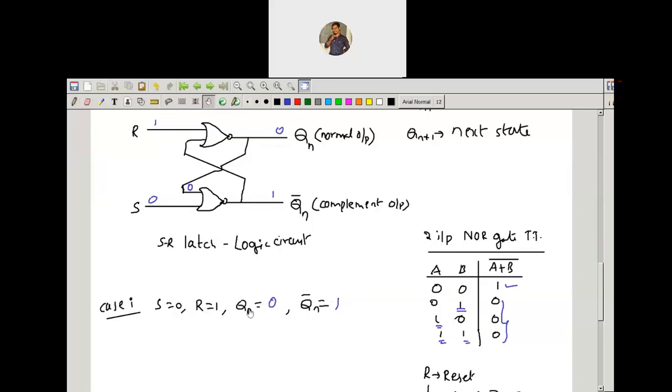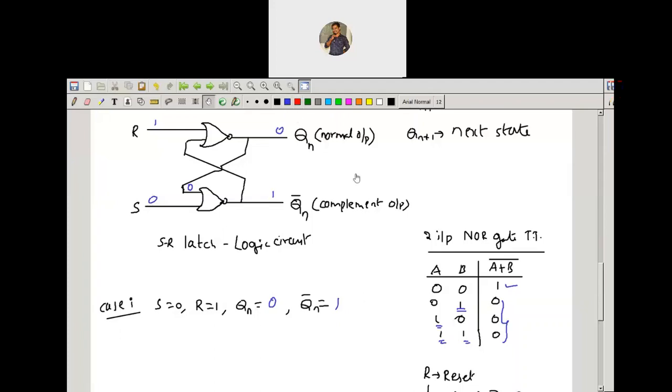That is, you are going to give Qn equals 0. That means, for example, if you are using a switch and you want to switch something off, then you have to give R equal to 1. Then the circuit will be switched off. Okay, that is a reset. When you give R equal to 1, you are getting the Qn output will be 0. A reset output.